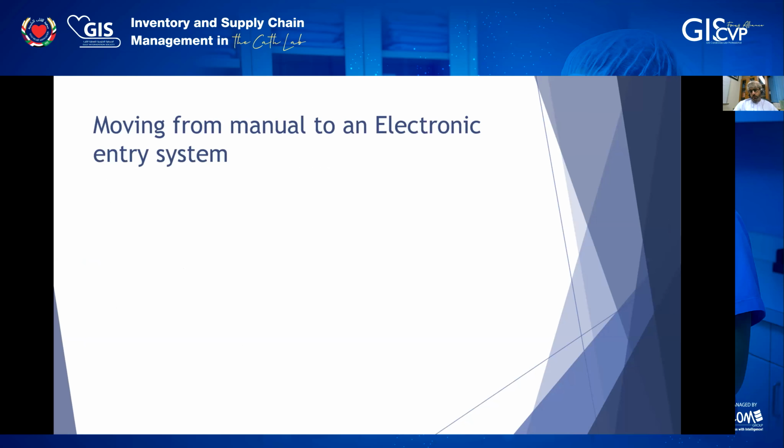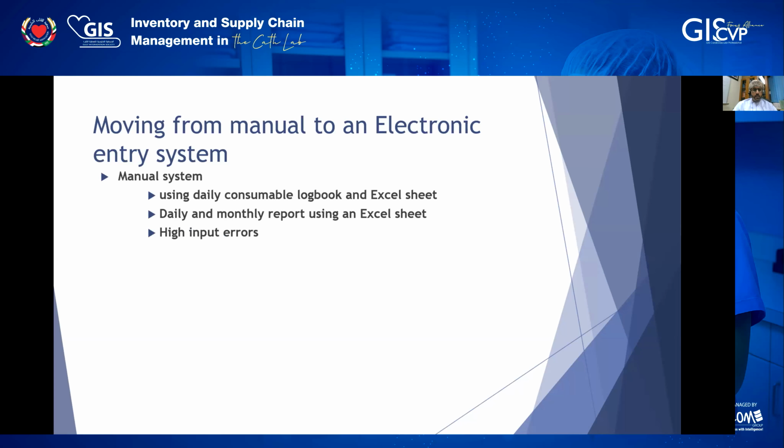So recently we moved from our manual system of stock entry to an electronic entry system, and it makes a lot of difference in our practice and in our orders as well. We have in the lab 2 systems. A manual system, which is a daily consumable logbook entered in an Excel sheet, with daily and monthly reports, as I showed you in previous slides. This system has high input errors, because by the end of the day it's manual entry, so the chance of having an error is still there.